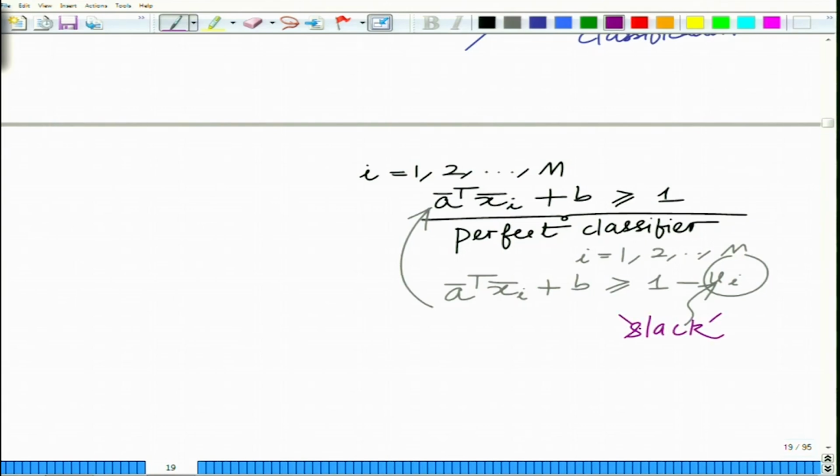So, you allow for a certain slack in the constraint, that is, the constraint need not be exactly satisfied, that is a bar transpose x bar i plus b is not greater than or equal to 1, but for some i, it can happen that it is greater than or equal to 1 minus u i, where u i is some kind of slack that you are allowing in this constraint, alright.